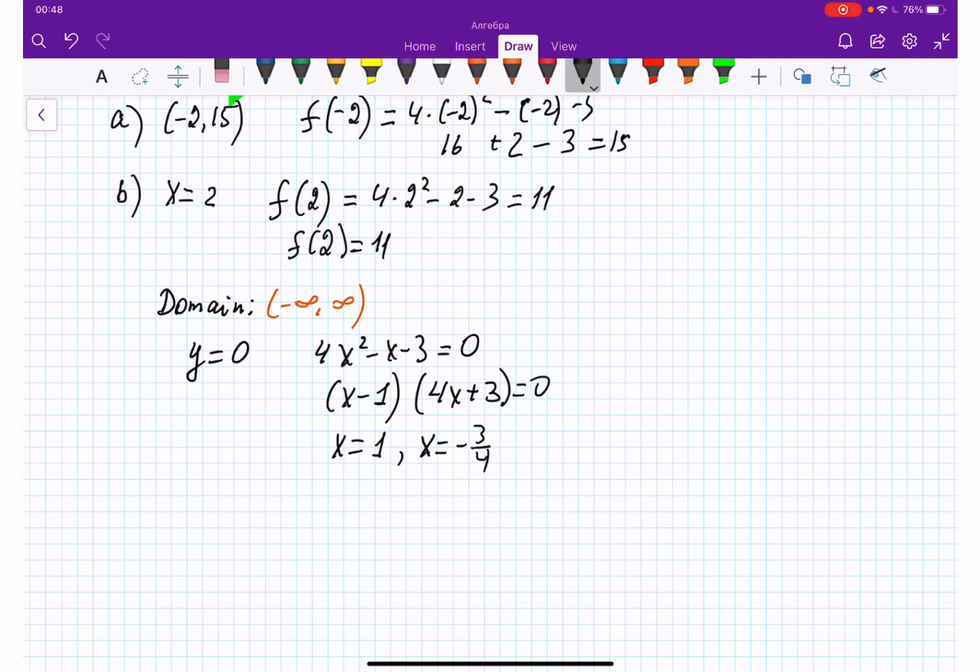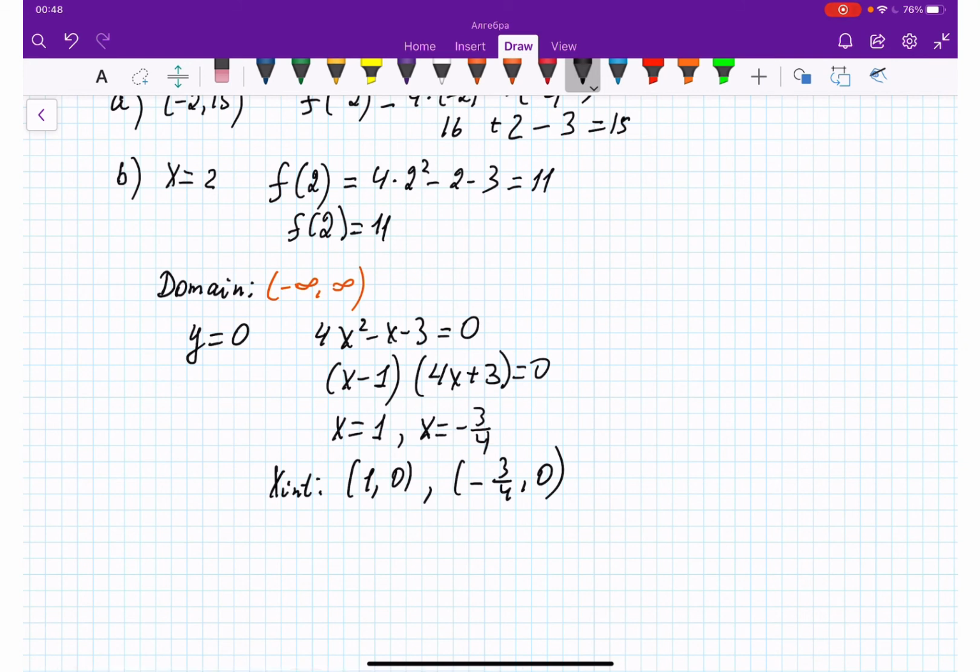So here we have the X-intercepts. You write down X-intercept: it's going to be 1 and 0, and negative 3/4 and 0. Okay? Now we need to identify the Y-intercept.